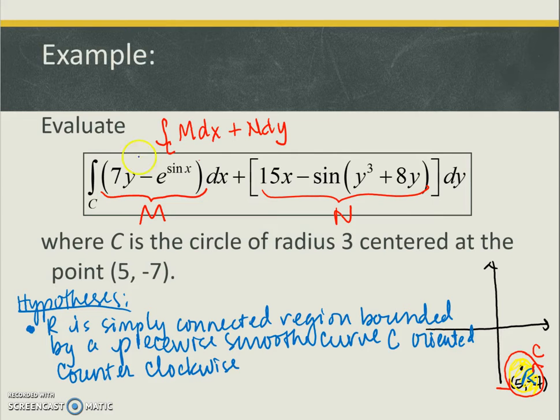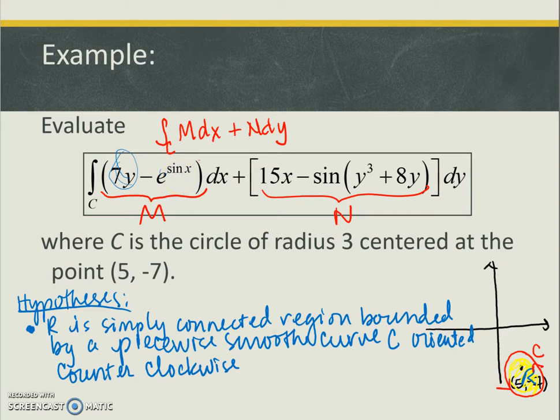So as I look at M and N, I see that M is a polynomial minus an exponential where I have a trig function inside my exponential. So that seems a little odd, but in terms of continuity and partial derivatives, let's think about what might happen here. The derivative of a polynomial is a polynomial, so that's good.